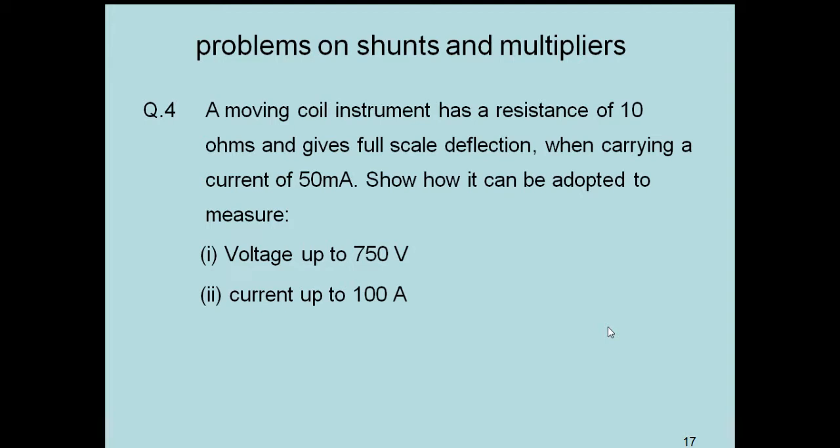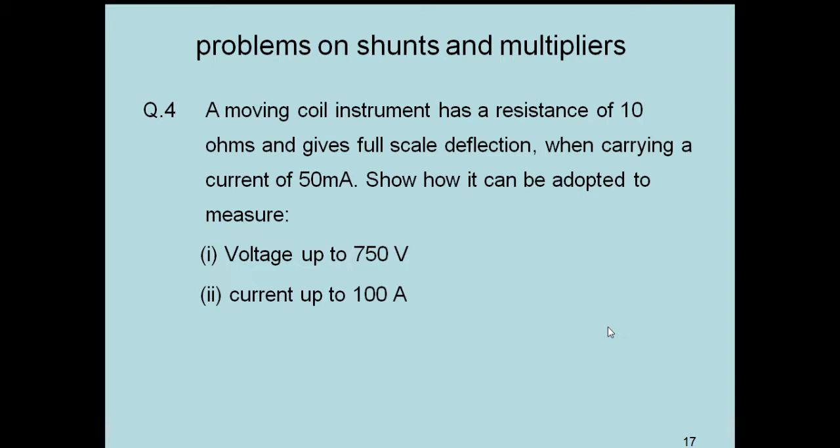So to increase the current rating, we need to add a shunt, and definitely after calculating, the resistance of that shunt will be lesser than 10 ohms. That is the first case, and the second case is they are adding a multiplier to increase the voltage rating.